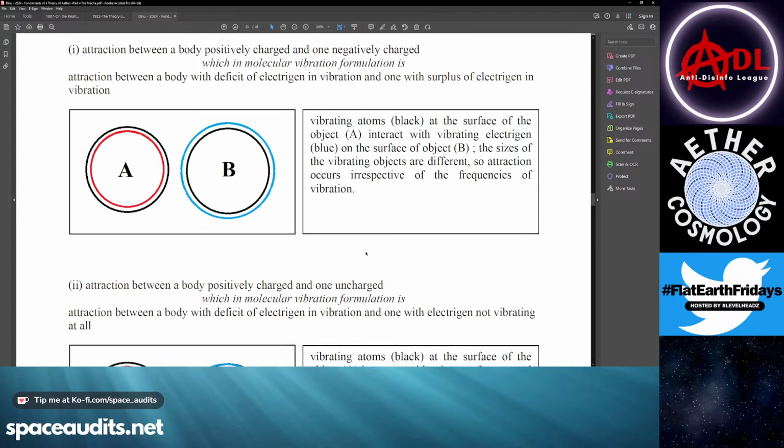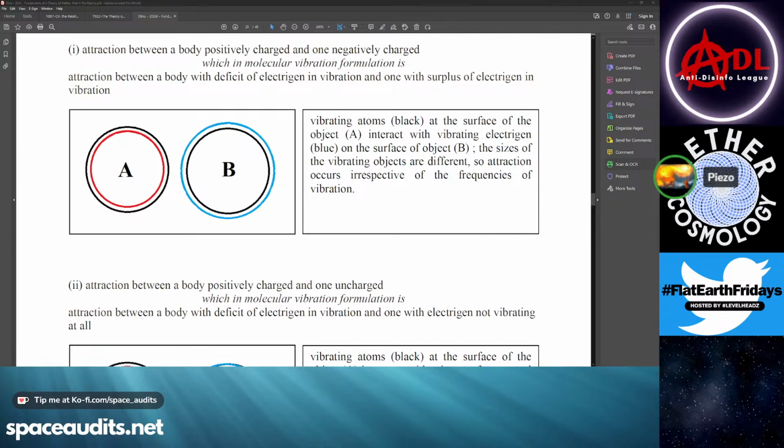Yep, right there. Okay. One, attraction between a body positively charged and one negative. Oh, he's going through the 6 cases again. Okay, so one negatively charged, one positively charged, while in molecular vibration formulation is attraction between deficit of electrogen and surplus of electrogen. Oh, it's wanting to osmose through the barrier of the surface, is what he's basically trying to say.